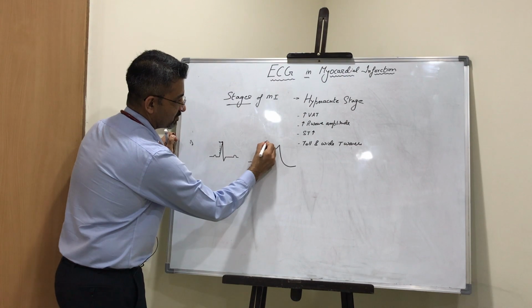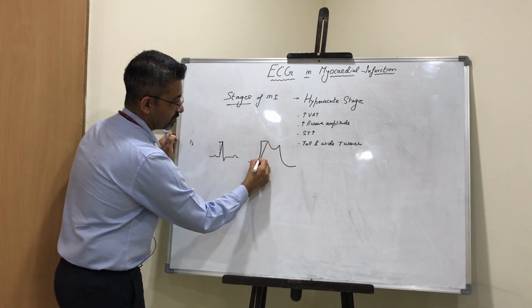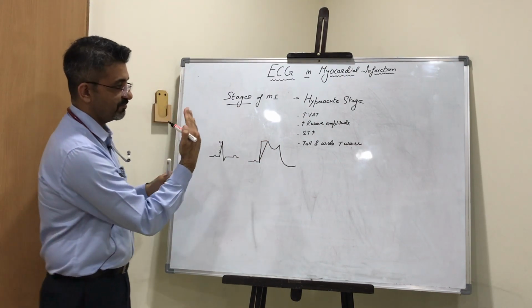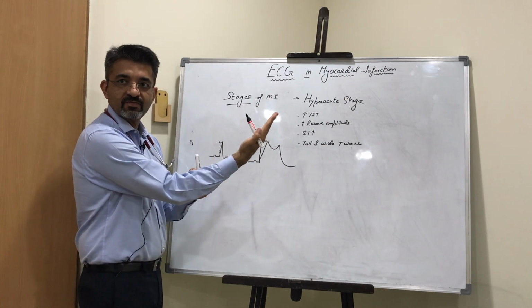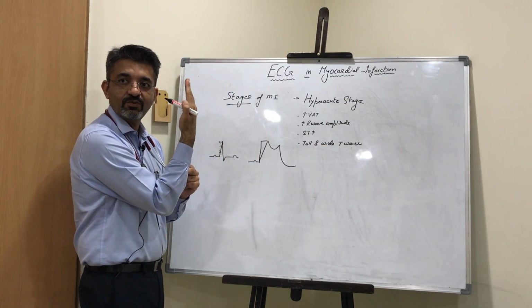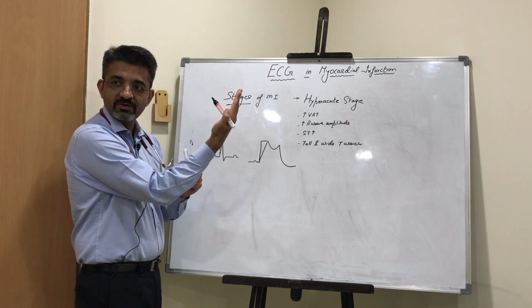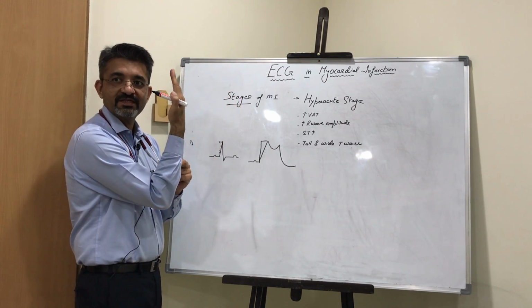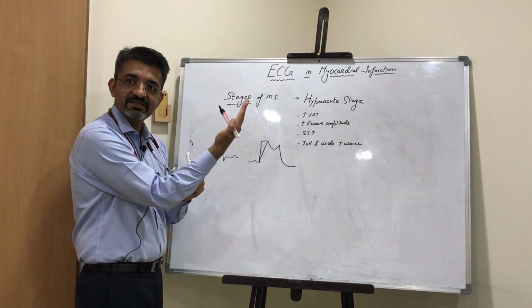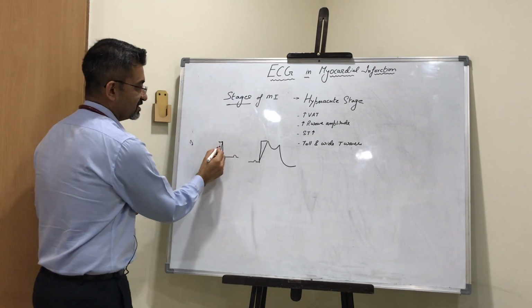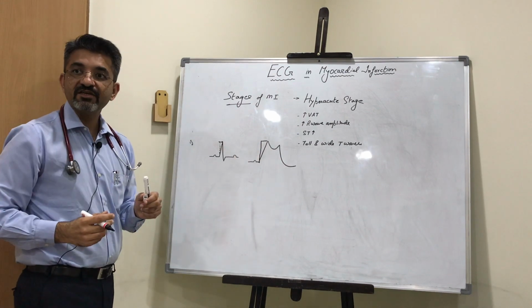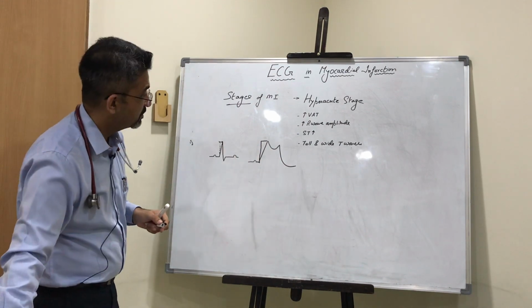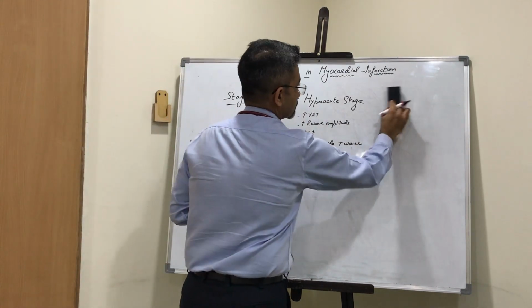The ventricular activation time has increased. The wave has moved like this. The angle has become slightly more subacute. It was acute towards 90 degrees. It is now moving to less than 90 degrees. So this time from the initial Q wave to the peak of the R wave has increased. Why has it increased? The reason is this.